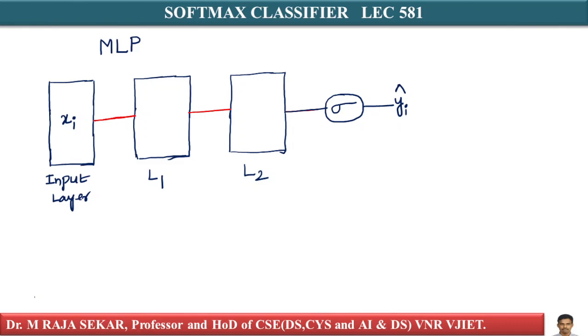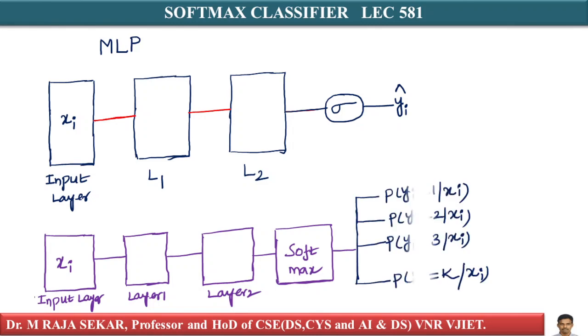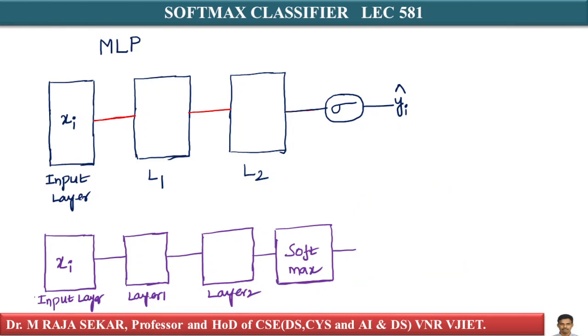On the other hand, what if I have k-class classification? The architecture looks like this. I have my input xi, my layer 1, my layer 2. In the last layer, instead of sigmoid, I basically have a softmax layer.